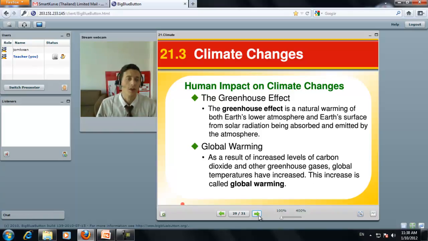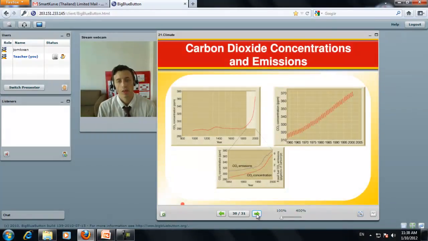That's known as the greenhouse effect. More carbon dioxide means more absorption of infrared radiation, which means more energy, higher temperatures. And that is the overall effect of this we call global warming.